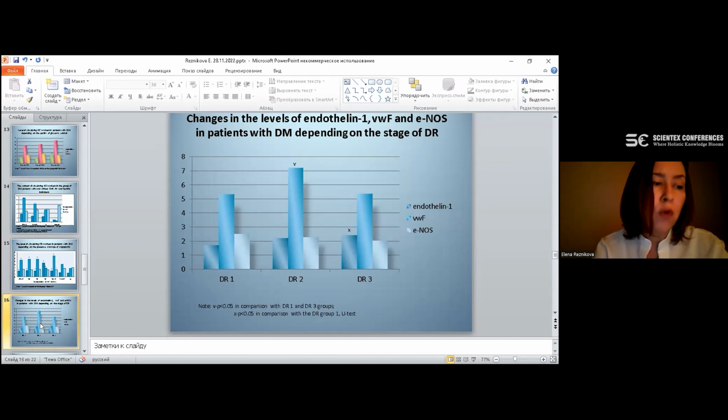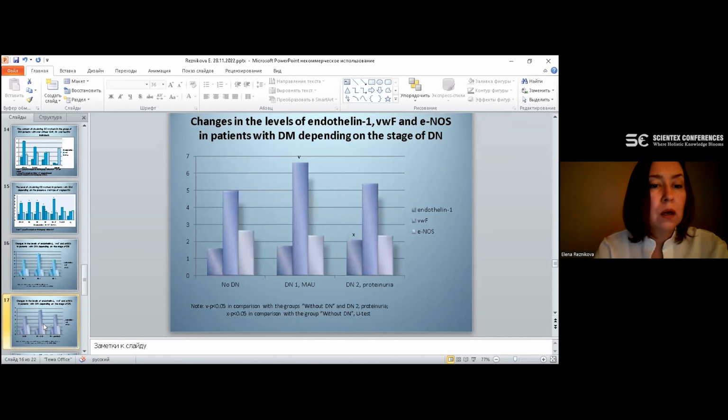The level of von Willebrand factor is maximally raised in patients in the pre-proliferative stage of retinopathy, significantly decreasing by stage 3. The highest level of endothelin-1 is associated with proteinuria, while von Willebrand factor is highest in the group of patients with microalbuminuria.